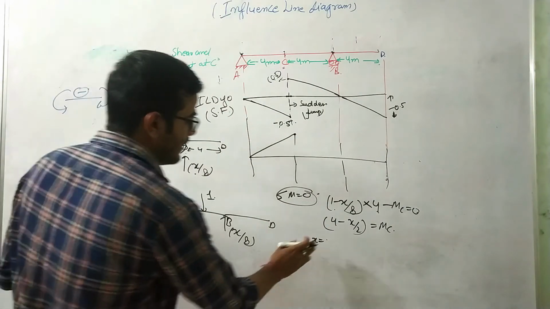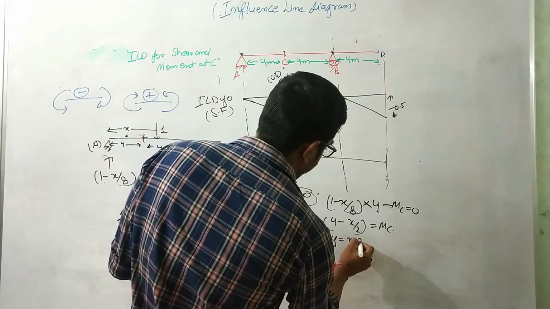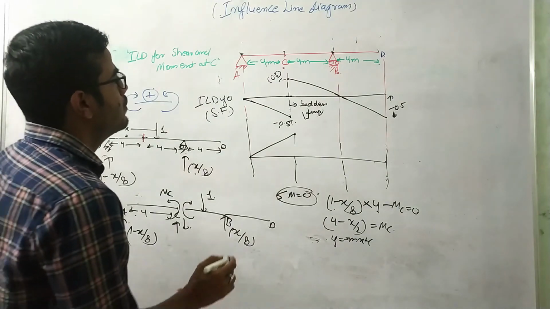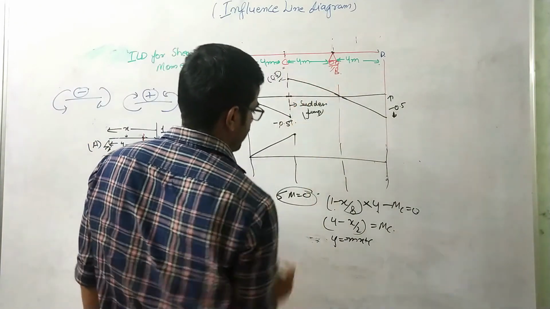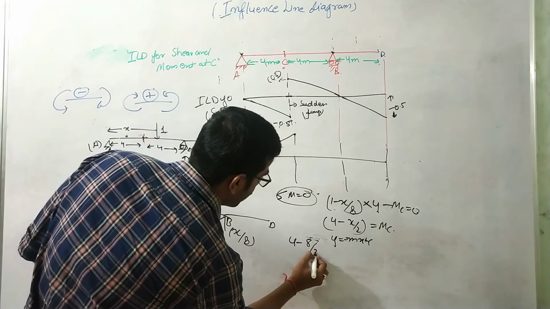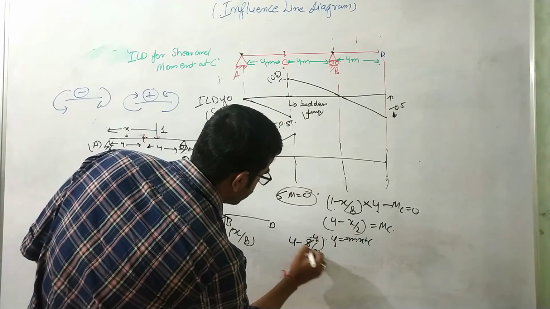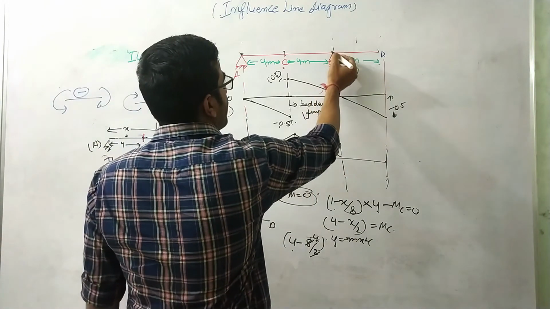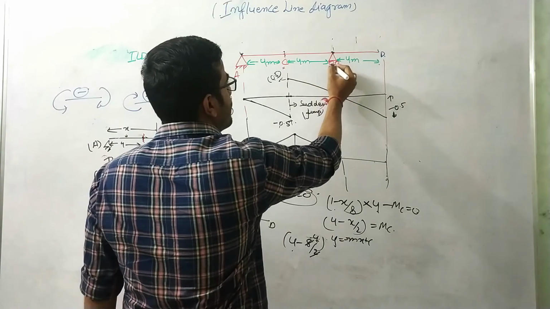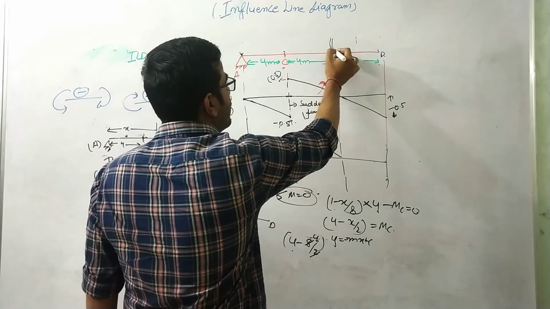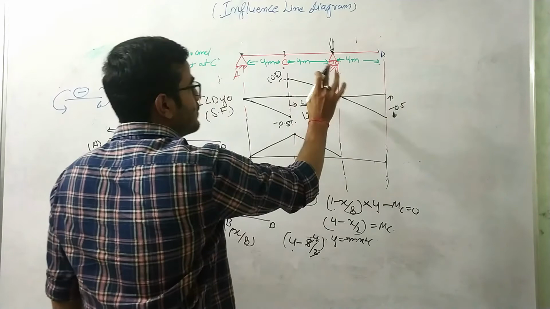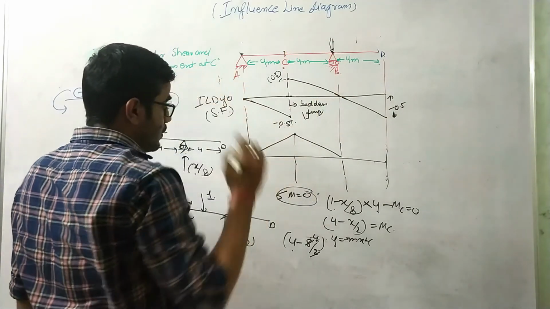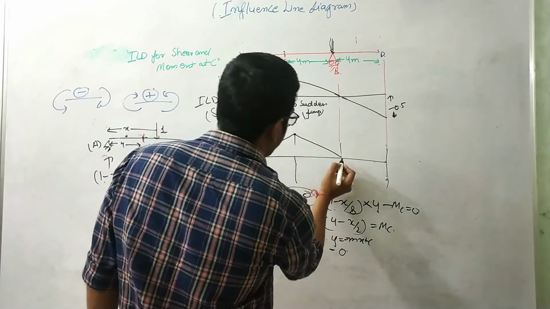Now you can see that again this curve is something like y equals minus mx plus c. So it will come down, right? So when x equals 8, what will be the value? 4 minus 8 divided by 2, the value comes out to be 0. So when the unit load is acting at the point B, the whole load will be taken care of by the support RB, and that reaction will balance the moment at C. So this will be 0 at this point.